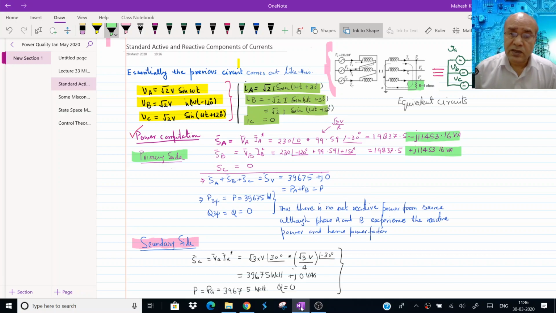And if you sum them, then you can see that the overall reactive power is equal to 0, and P is PA same as PB, as you can see from these two values. So this makes 39,675 watts of power, and there is no net reactive power.